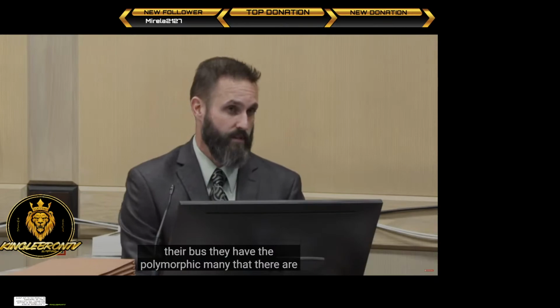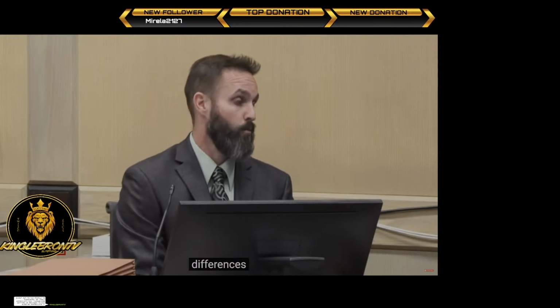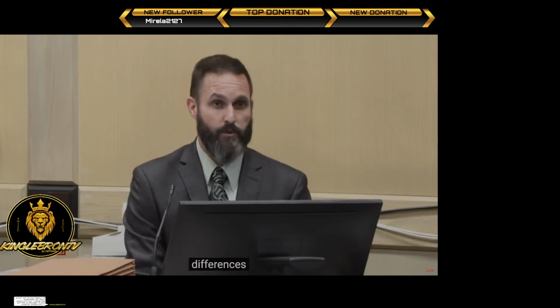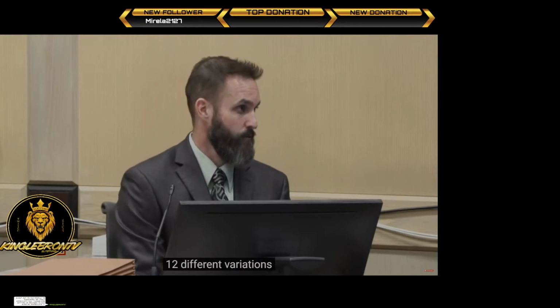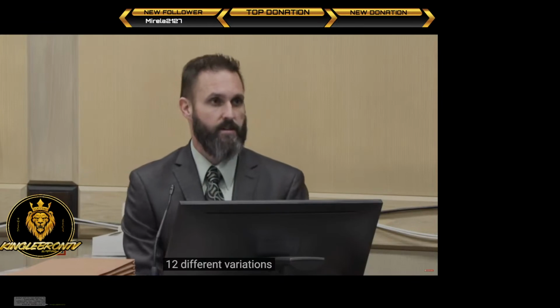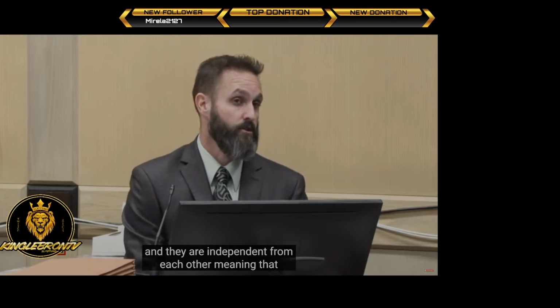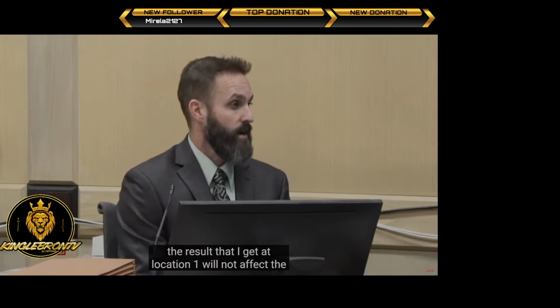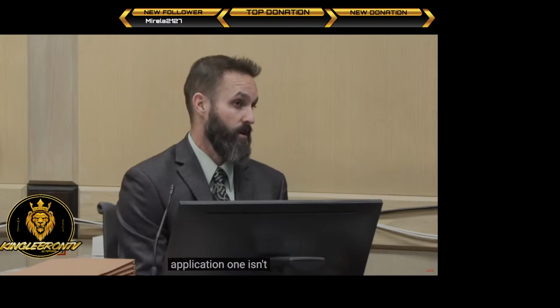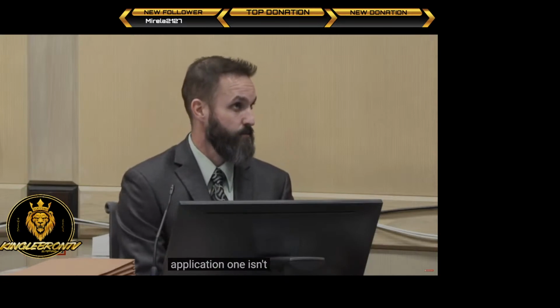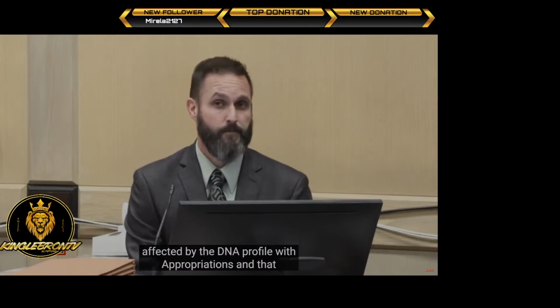They're polymorphic, meaning that there are differences. There's not just one or two variations. There could be 10 to 12 different variations, and they are independent from each other, meaning that the result that I get at location 1 will not affect the result that I would get at location 2, or the DNA profile at location 1 isn't affected by the DNA profile of location 2.